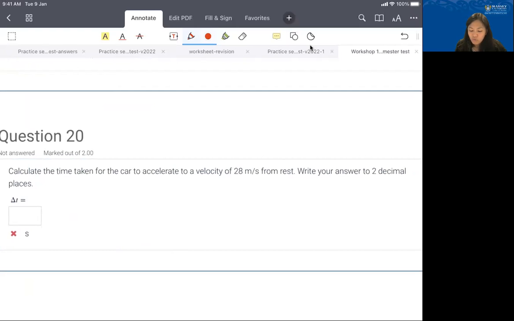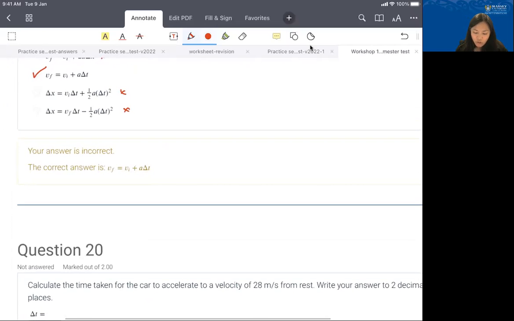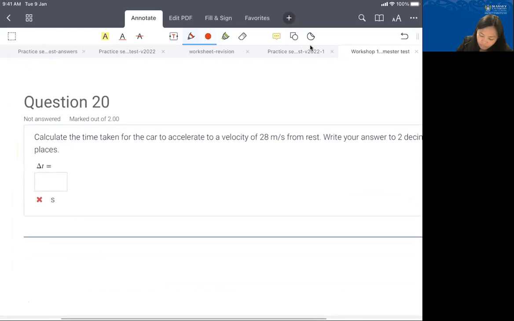Write your answer to 2 decimal places. They're all related. We've already picked out the equation, which is Vf equals Vi plus A delta t.